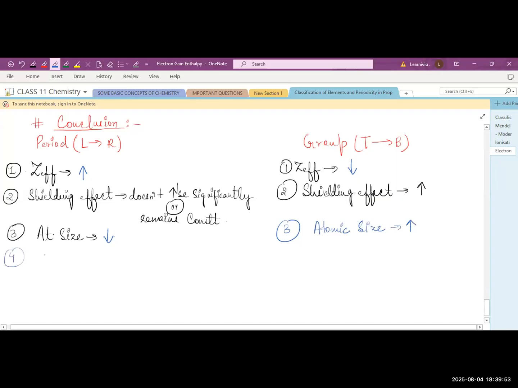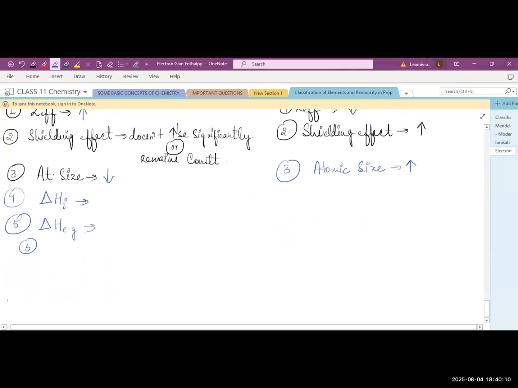Now the fourth, ionization enthalpy. The fifth one, electron gain enthalpy. The sixth one, metallic character. The seventh one, non-metallic character.